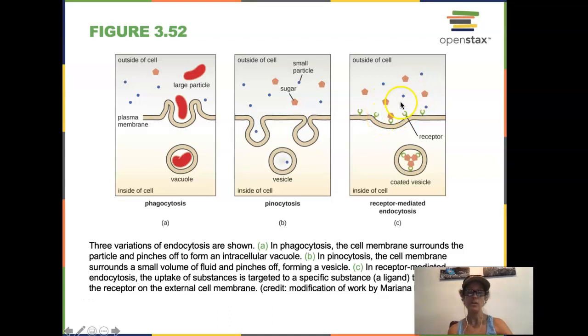It might be some sort of cellular signal that helps the cell to do other processes. This little fork is the receptor. The molecule is called the ligand, L-I-G-A-N-D. So ligands are the thing the cell wants. Receptors are the things that bind to the ligands, and that triggers the endocytosis to bring things in.